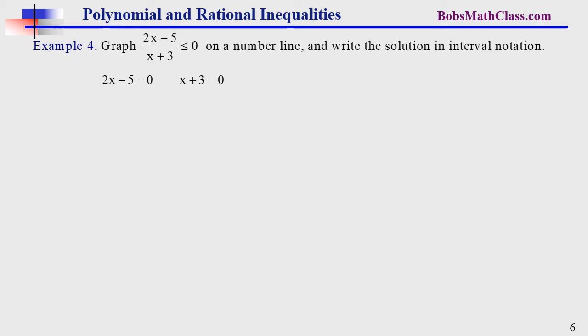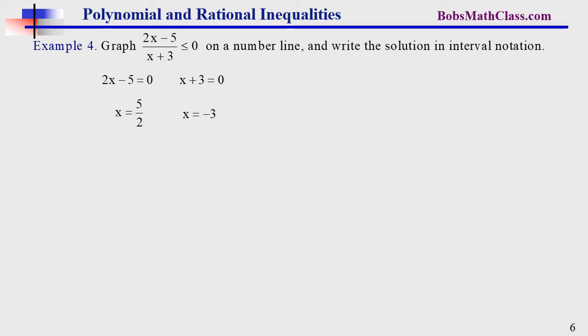Now solve each equation. The one on the left, add 5 to both sides, then divide by 2: 5 halves. And on the right, subtract 3 on both sides. I apologize for not showing all the steps, but there's so much to put on the screen here. I try to minimize it a little bit. I think you got it anyways.